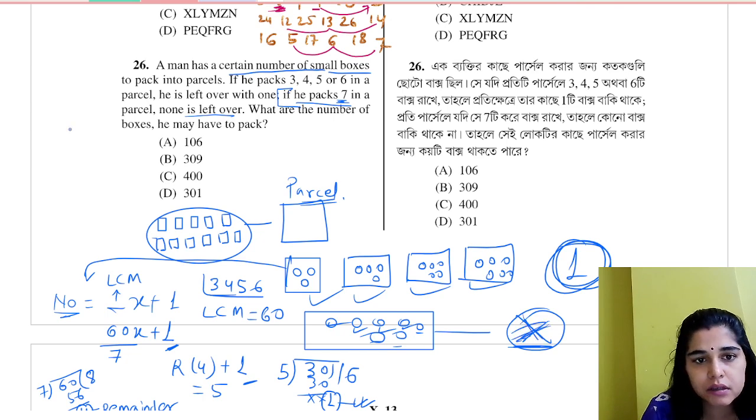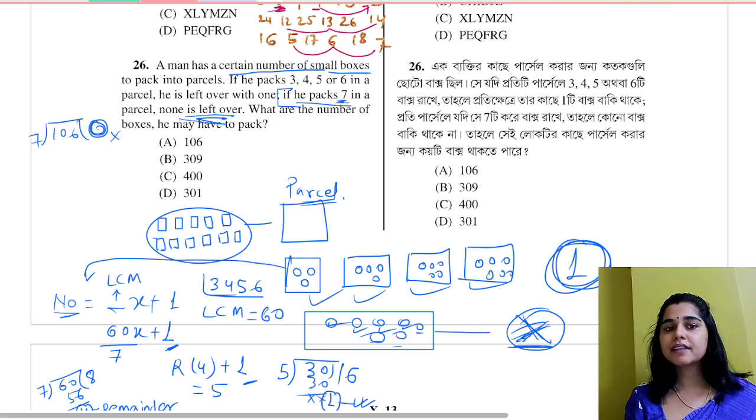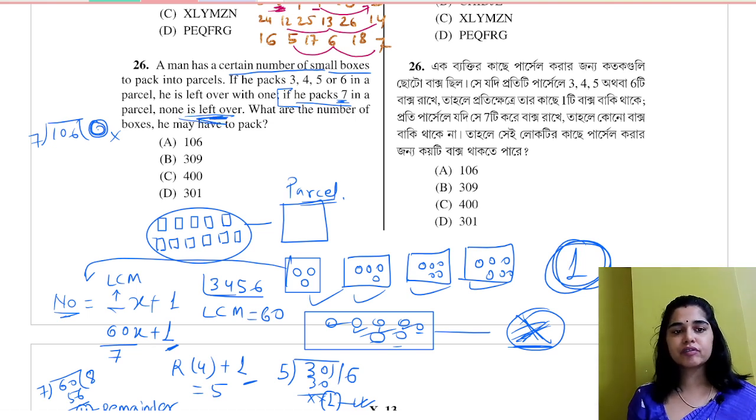So you have to divide them. 106 divided by 7: if you get a remainder, that will not be your answer. Why? Because they have said nothing is left over.